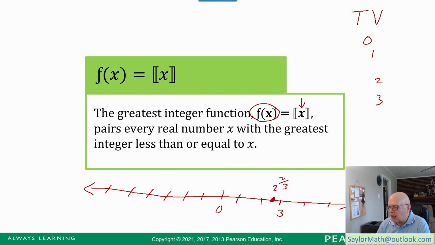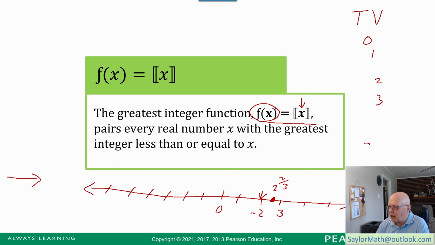What you want to think of to get this greatest integer function is, if you were traveling from left to right, what would be the last integer you saw before you got to the 3? Or before you got to the 2 2/3?